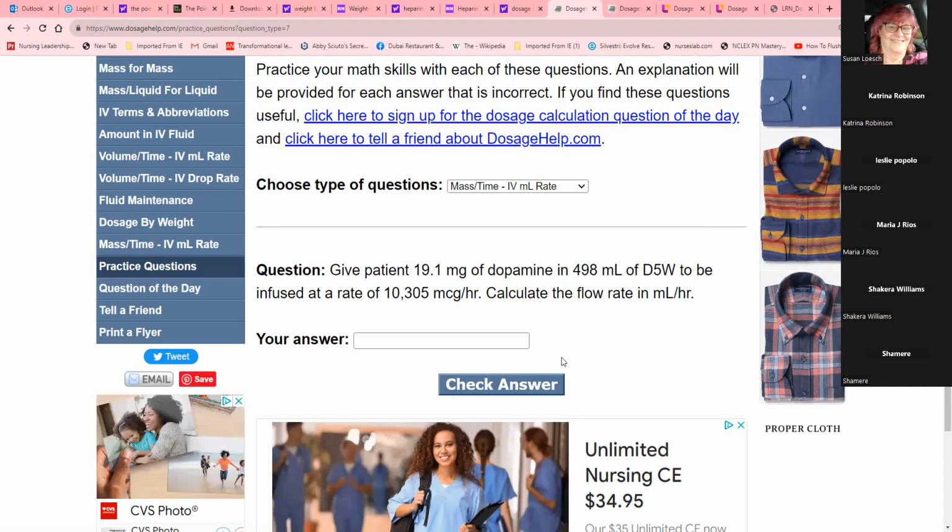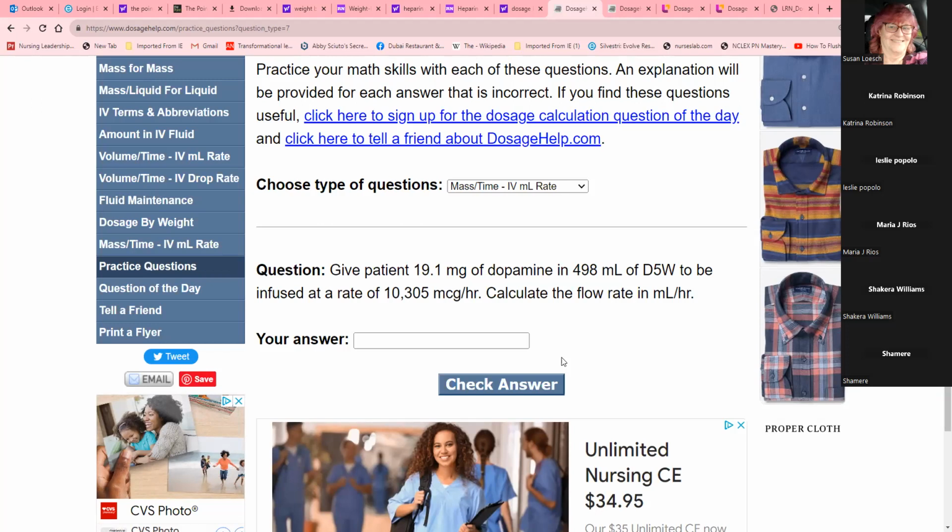I wouldn't change anything until I do the first part of the math. So, how do you want to change this? What's going to work for you best? If you feel like you want to change, I would change micrograms to milligrams because I already know I have 19.1 milligrams in 498, right?